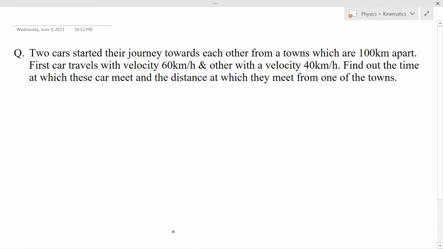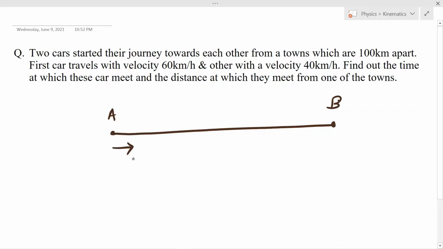Two cars started their journey towards each other from towns which are 100 km apart. Let's say the two towns are here. Let's say A is one town and B is another town. Let's say this car started the journey from here.